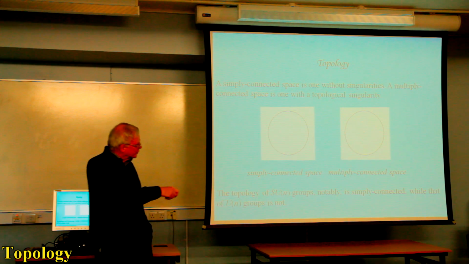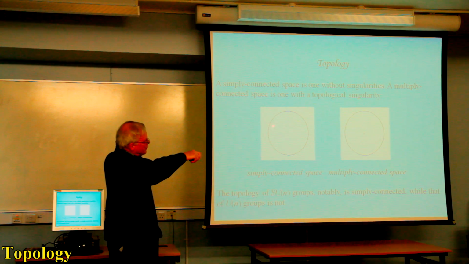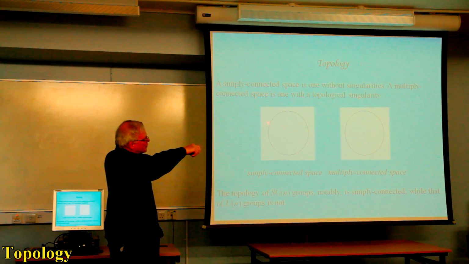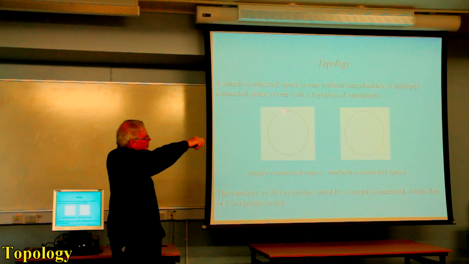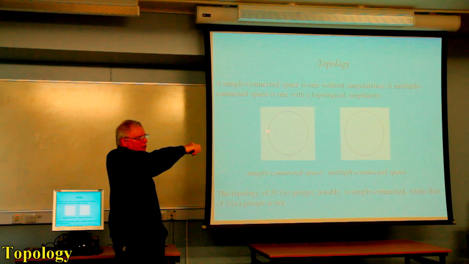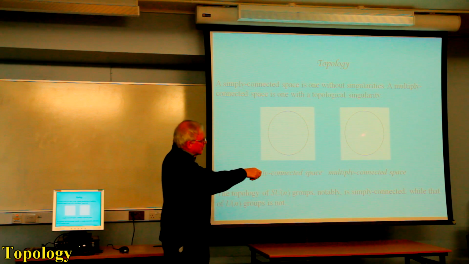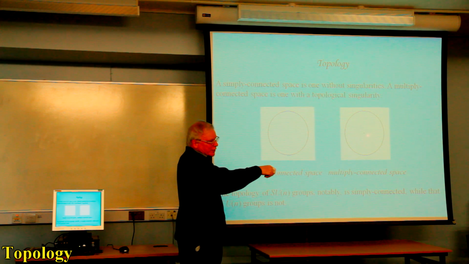A simply connected space is just ordinary space. If you go in a circuit round a simply connected space, if you took a vector around it, parallel transporting it along the tangent, you'd find it pointing in the same direction when you got back to your starting point. However, this one is a multiply connected space. In other words, it's got a singularity in it.